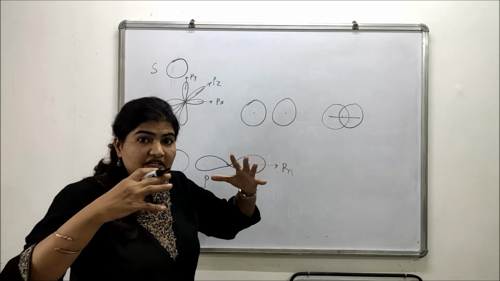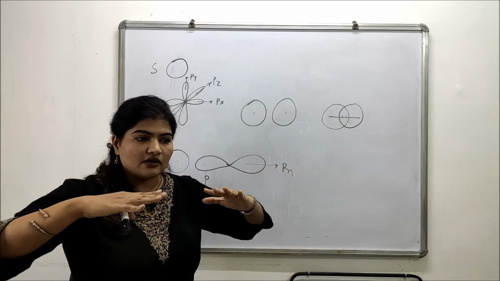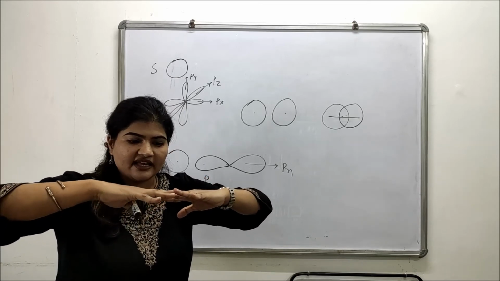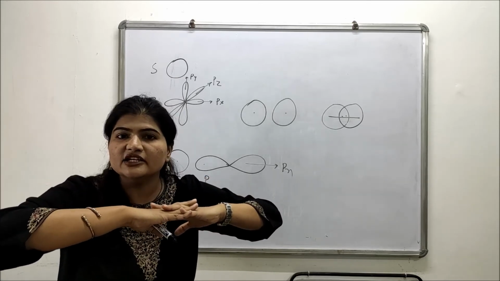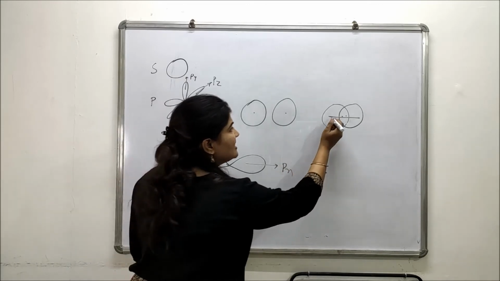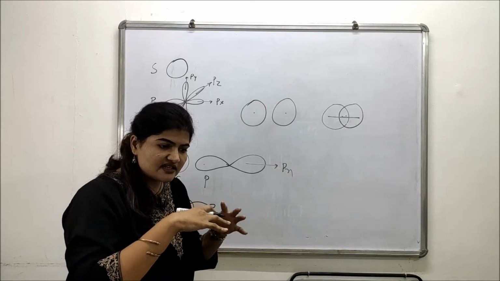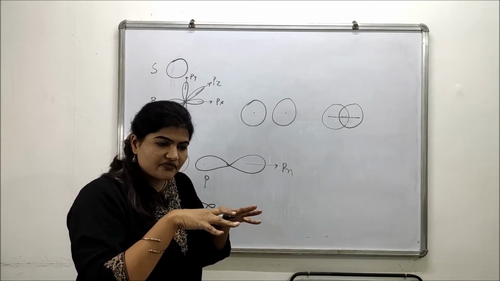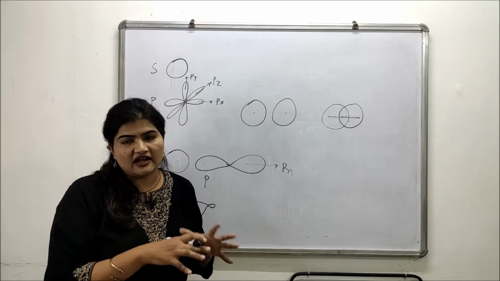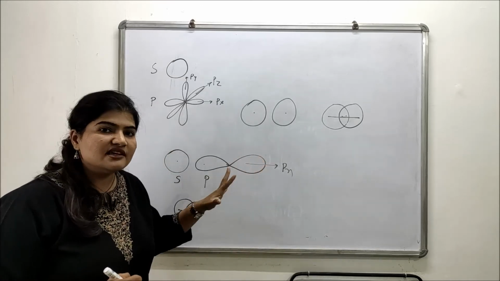When there is complete overlap of two atomic orbitals, aligned in such a way that they can overlap axially into each other, they form a bond. If we draw a line along that bond, the electron density is well distributed around that axis, and then that bond is called a sigma bond.